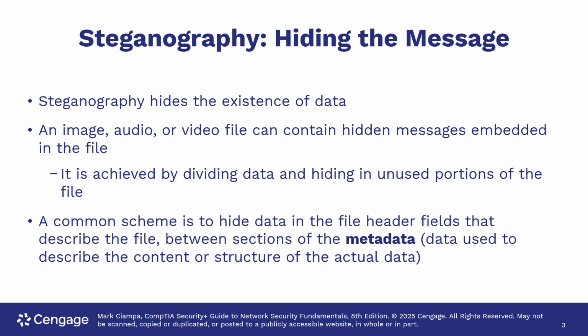So all you might be looking at is a picture of an apple, but it would have important information embedded in there. It's achieved by dividing data and hiding it in unused portions of the file. A common scheme is to hide the data in the file header fields that describe the file, between the sections of the metadata used to describe the content or structure of the actual data.